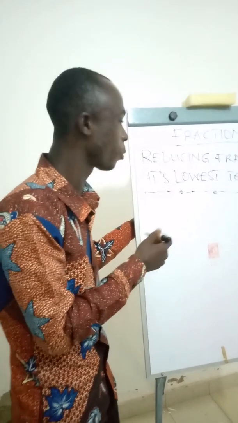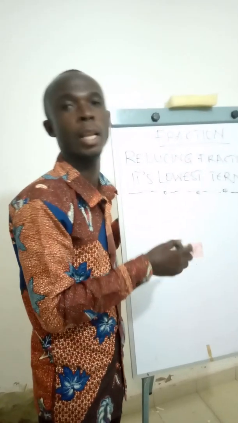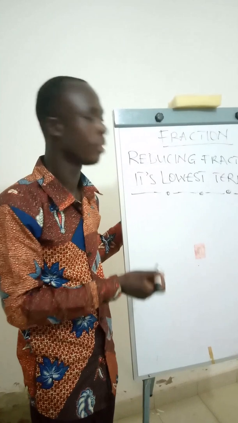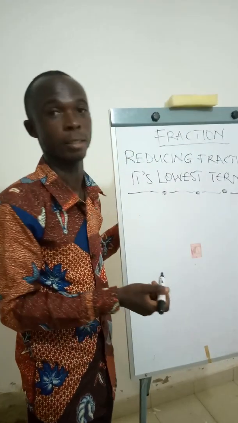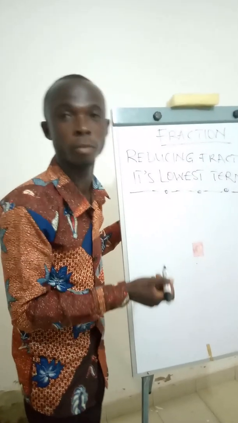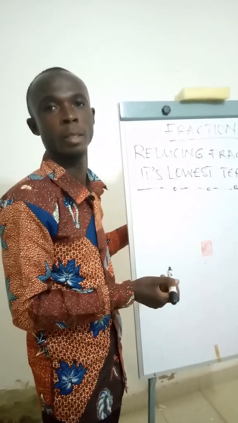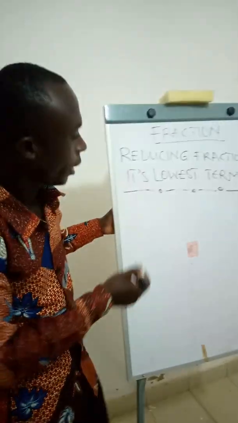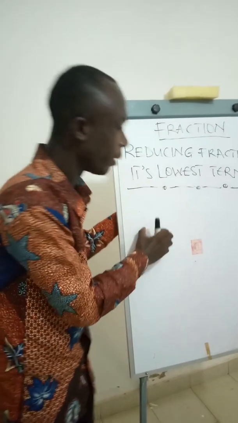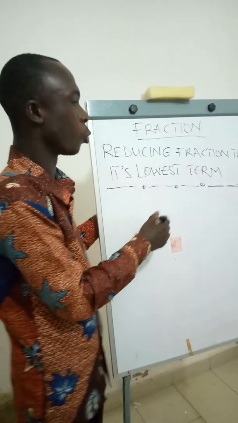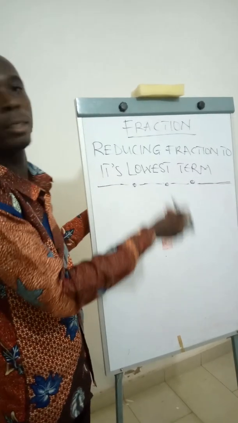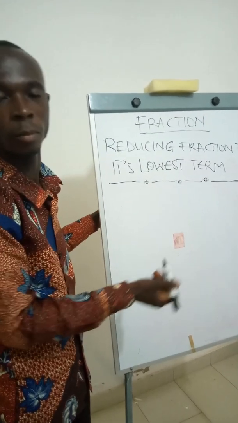For operations on fractions, we have addition, subtraction, multiplication, and division of fractions. There are certain answers you get under these operations which you should reduce to their lowest term.